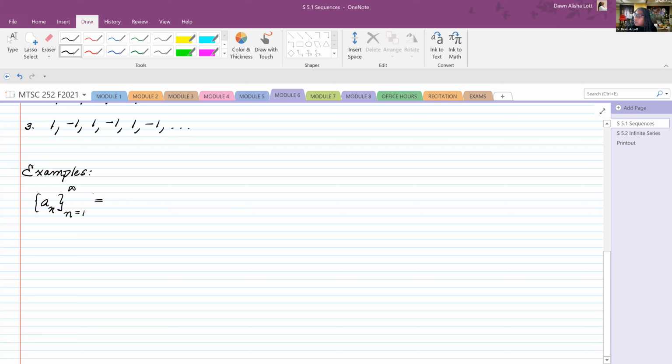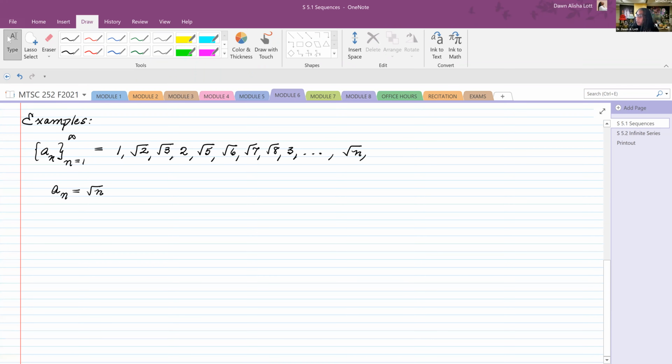So we're going to have 1, square root of 2, square root of 3, 2, square root of 5, square root of 6, square root of 7, square root of 8, 3, exactly that. Okay, and then the nth term would be the square root of n. All right, so I could write a_n is the square root of n.